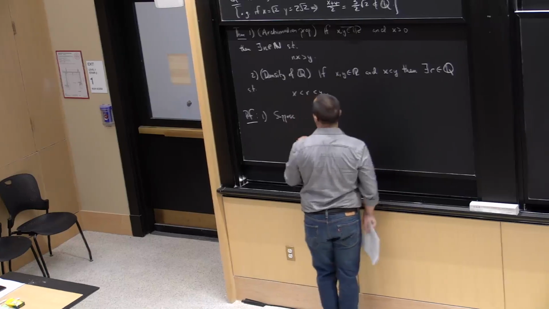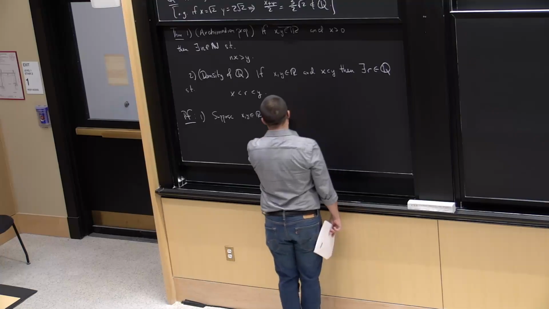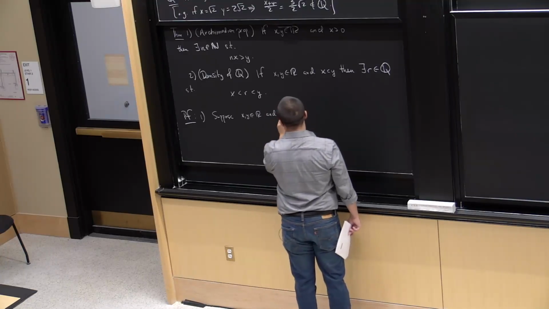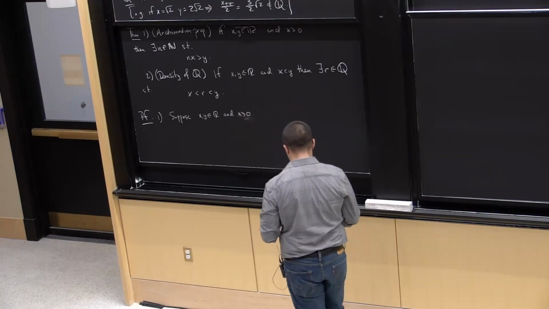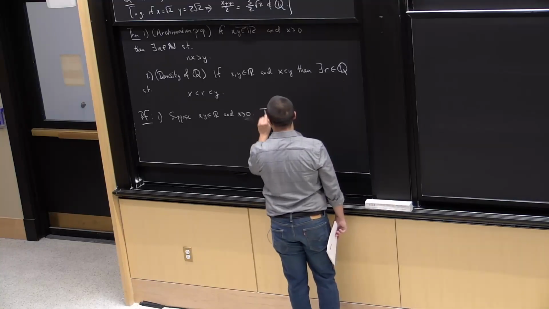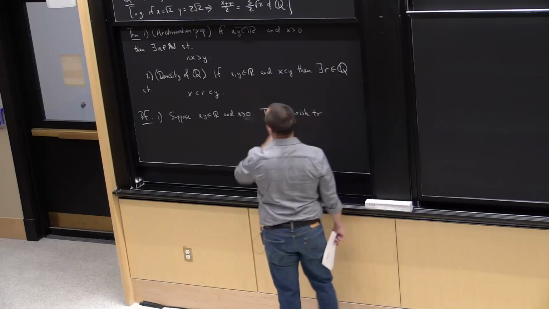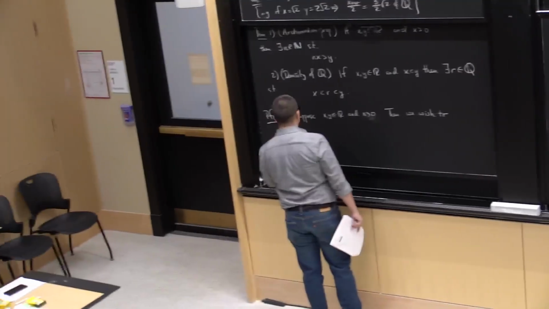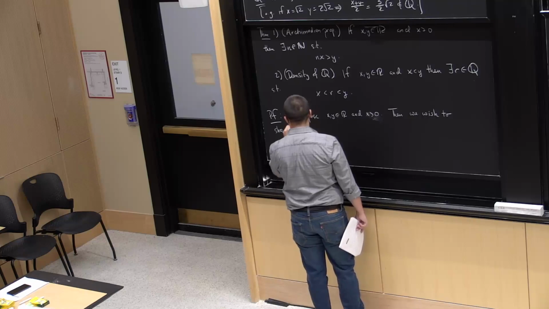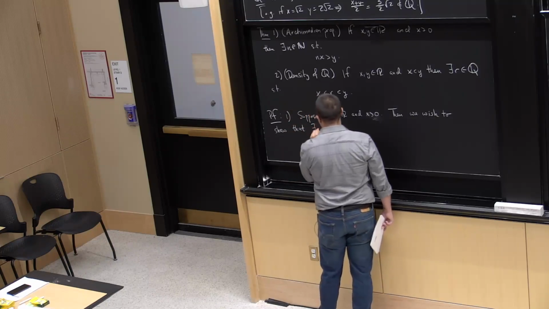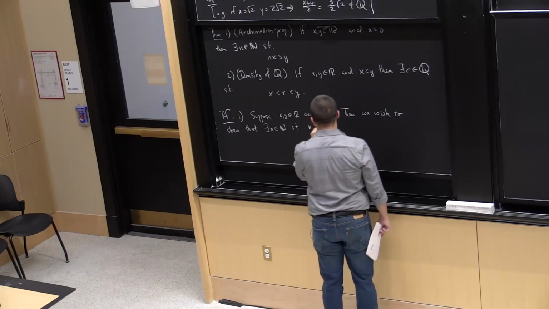Let's restate our hypothesis. Suppose x and y are in R, and x is bigger than 0. We wish to show, and the word show you should read as synonymous with prove, that there exists a natural number n such that n is bigger than y over x.